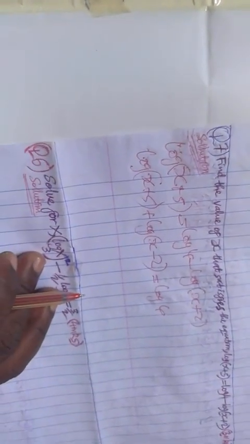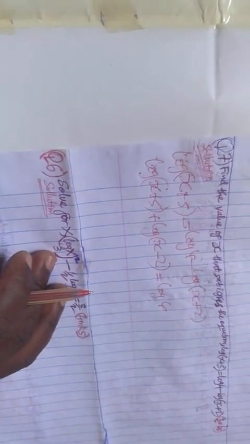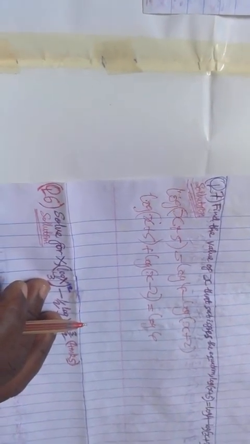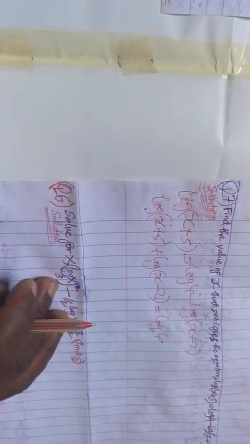But note that the coefficients in brackets will change sign because they have crossed the equal sign.